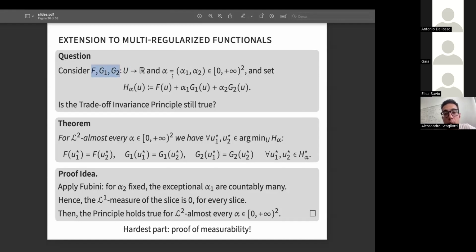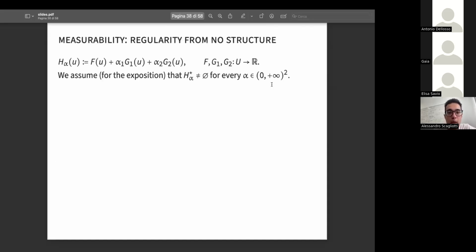What we are interested in is not the dependence on u, but rather the dependence of the problem on alpha. And in alpha, we have a lot of structure because alpha is in a subset of 0 plus infinity squared. This is more or less the idea. Just recall the notation: H alpha is the weighted sum of F, alpha 1 G1, and alpha 2 G2.